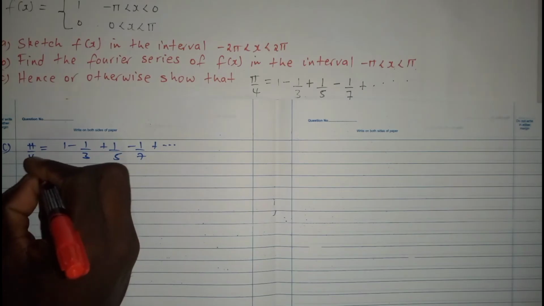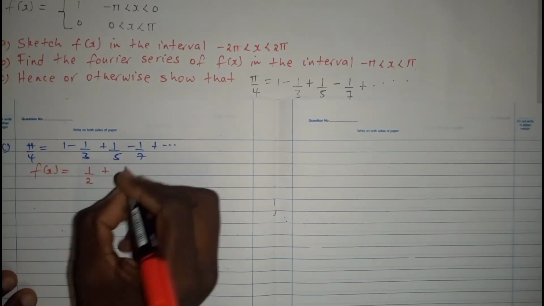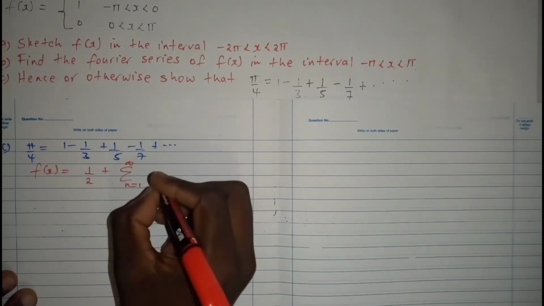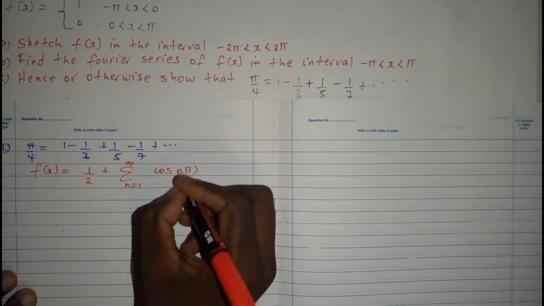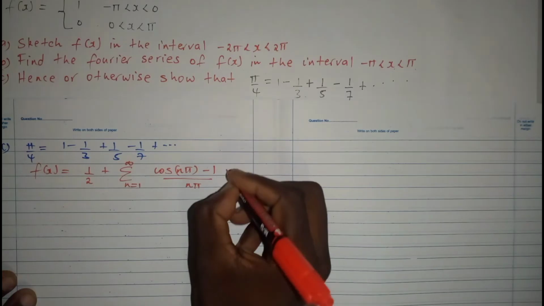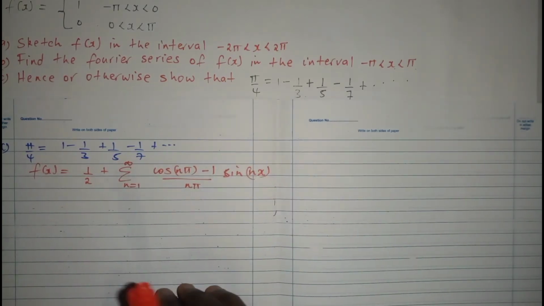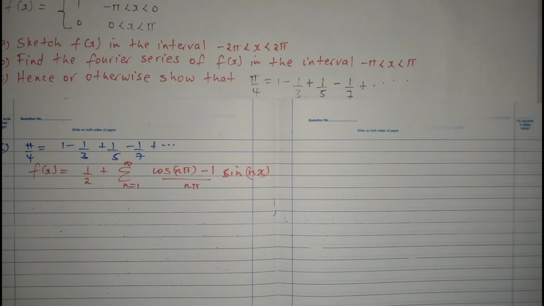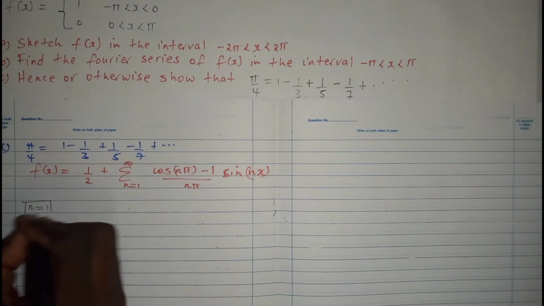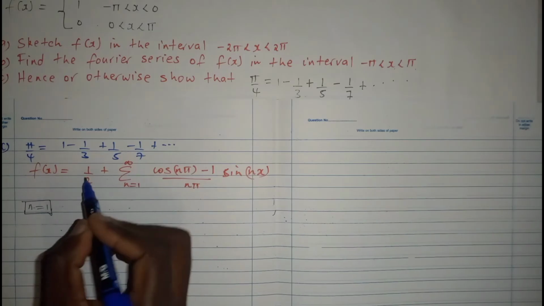We say that f of x is equal to 1/2 plus the summation from n equals 1 up to infinity of cos n pi minus 1 over n pi times sine nx, right? Okay, so this is what we're going to use. We're going to test. I'm going to start with n equals 1. What is going to happen when n equals 1? When n equals 1, I'm not going to include the half here. I'm going to test here.